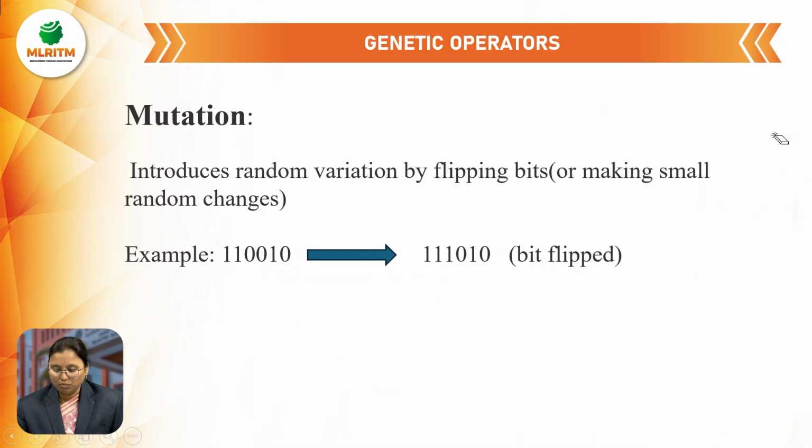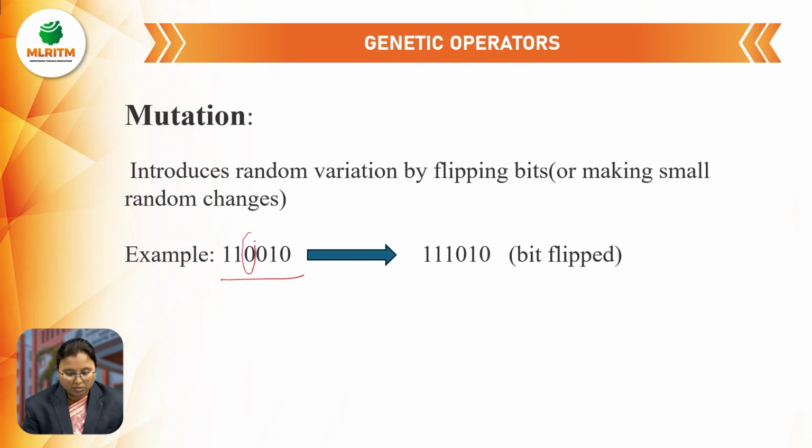And the next one is mutation. What is mutation? In mutation, we introduce random variations by flipping bits, meaning a little random change. I am taking 1 1 0 0 1 0.